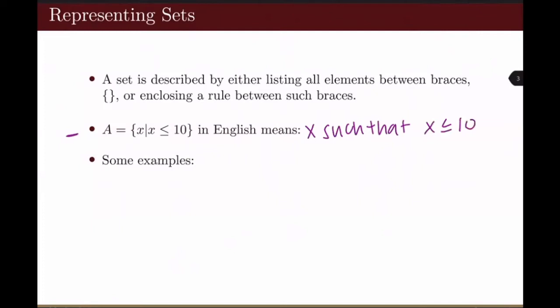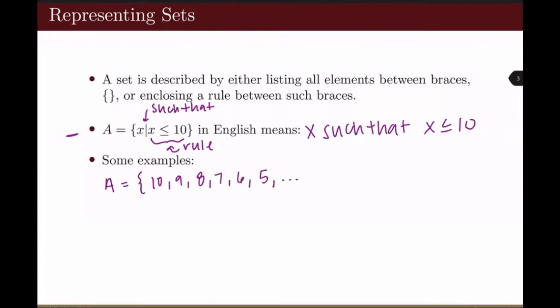So this line here is "such that," and then this is the rule. If we wanted to list out this set by the descriptive method rather than the rule, we could say A equals, and we could have 10, 9, 8, 7, 6, 5, and so on and so forth, however far we want to go.